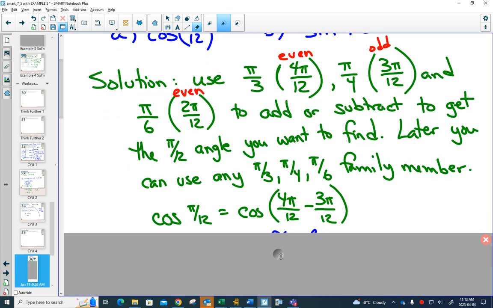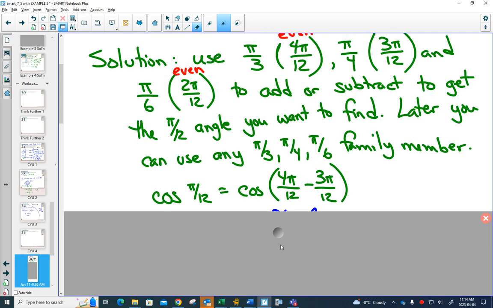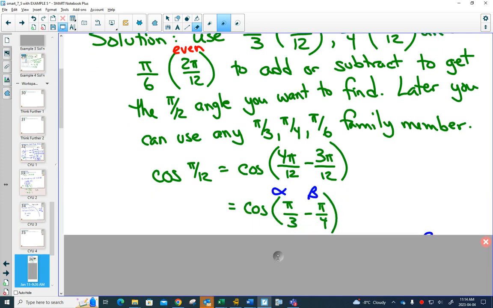So we would start off by writing cos of pi over 12 equals cos of 4 pi over 12 minus 3 pi over 12. And then when we reduce those, we notice both of those are on our unit circle. And the first one's going to be our alpha, and the second one is going to be our beta.